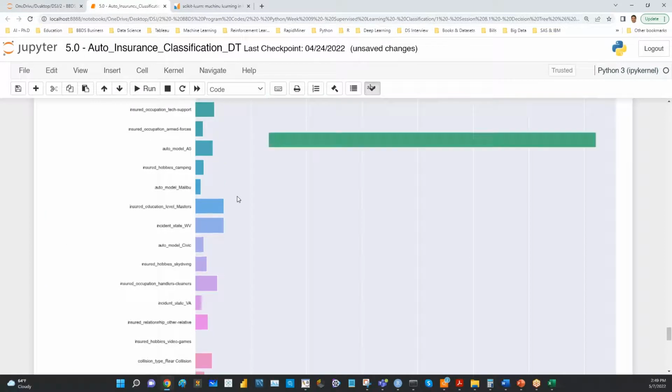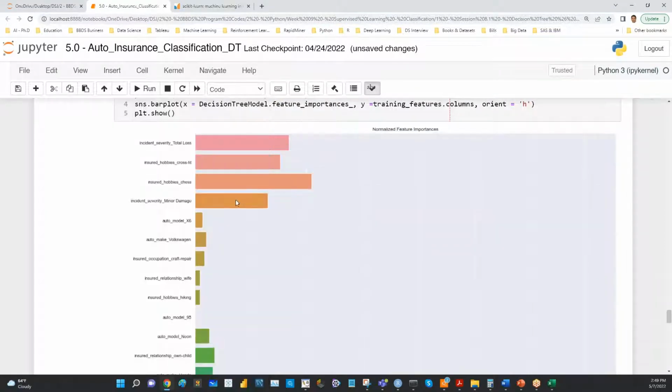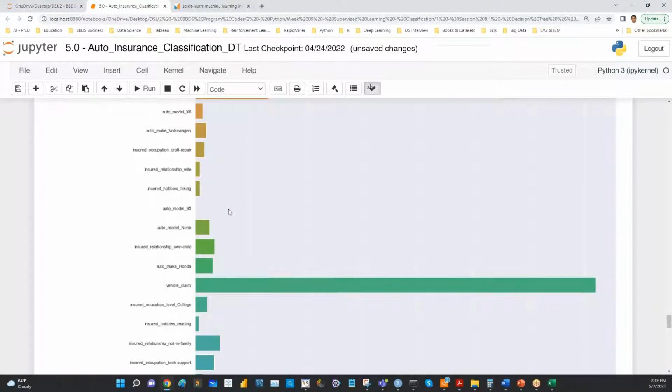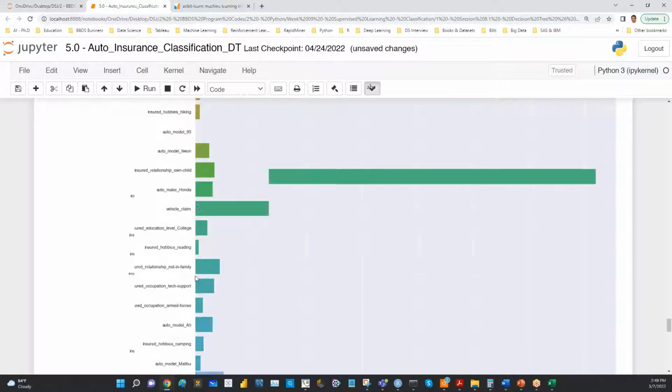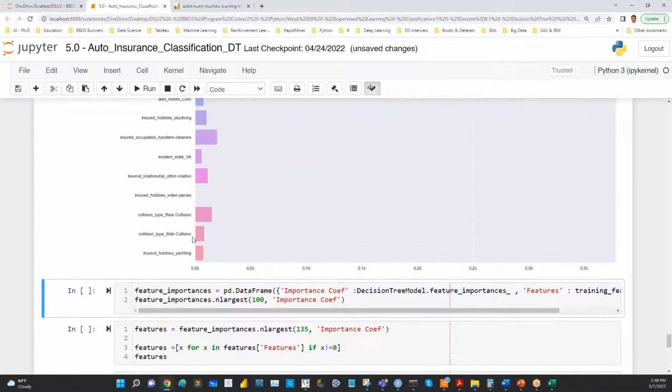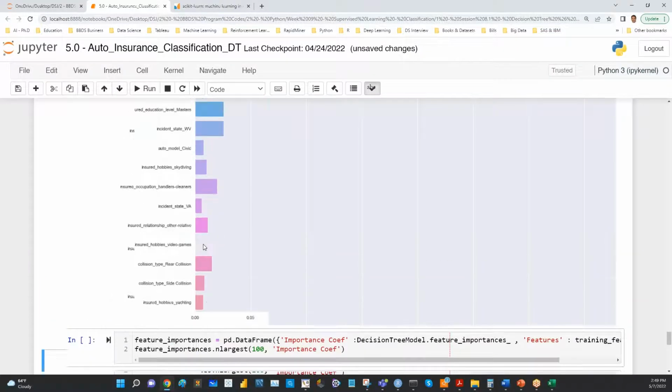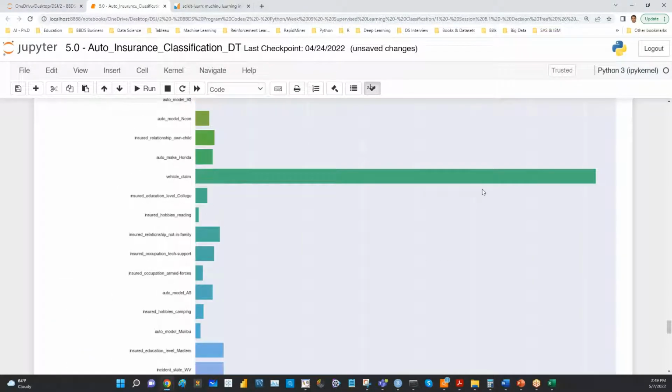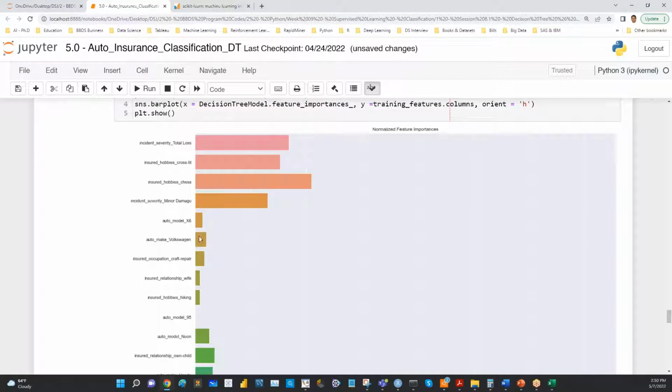Some features have higher influence. Some features have zero influence. Some features have just okay influence. For example, vehicle claims has the highest influence to determine if a claim is fraudulent or legitimate, followed by incident severity, then by hobbies.